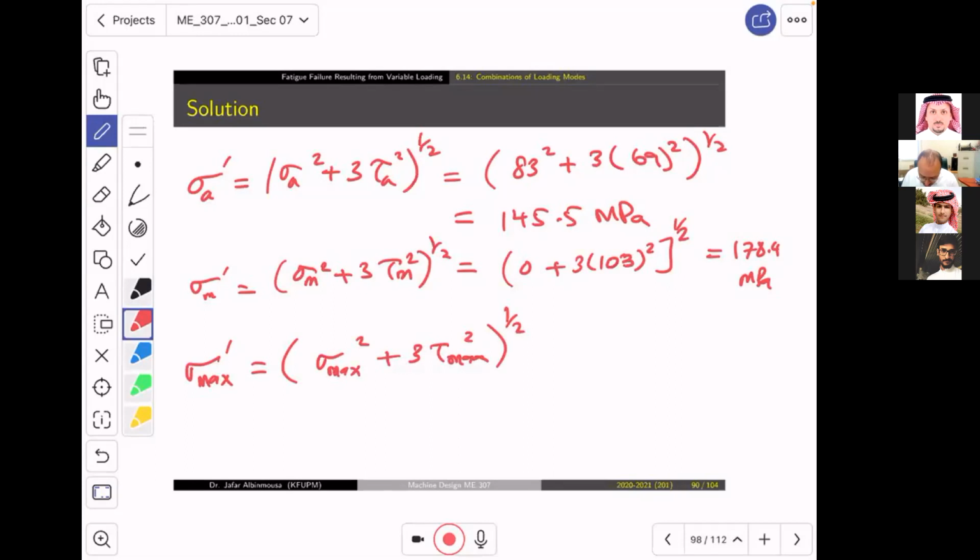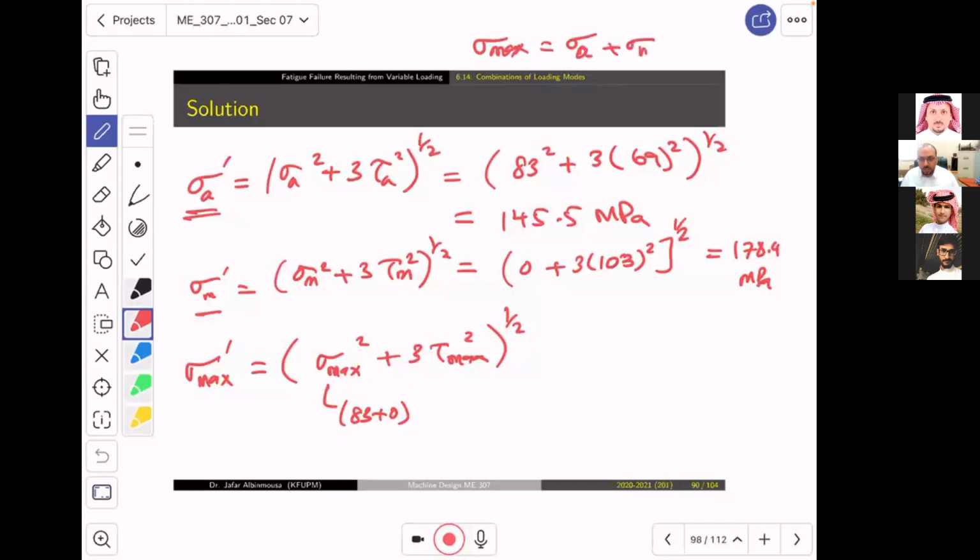Sigma maximum is coming from the bending. So the bending, we have an amplitude of 83, but 0 mean. Because always, sigma max is equal to sigma A plus sigma M.